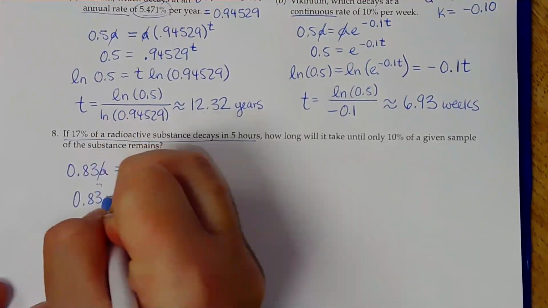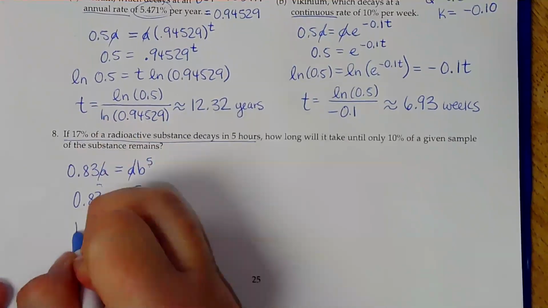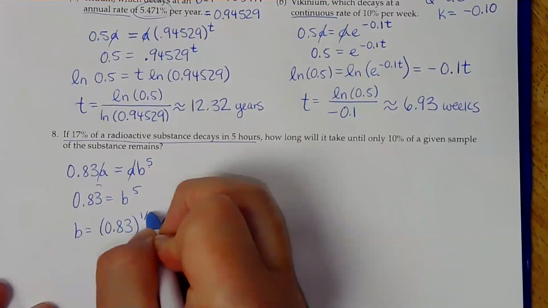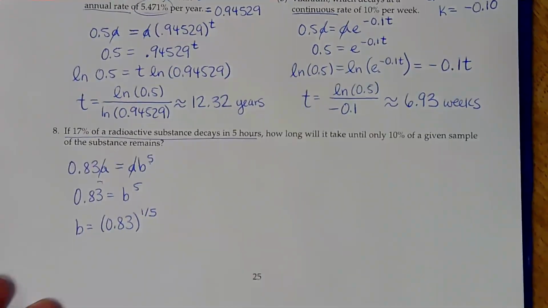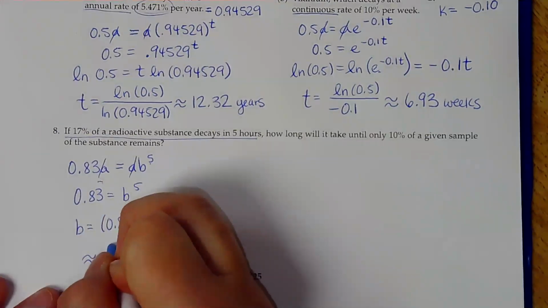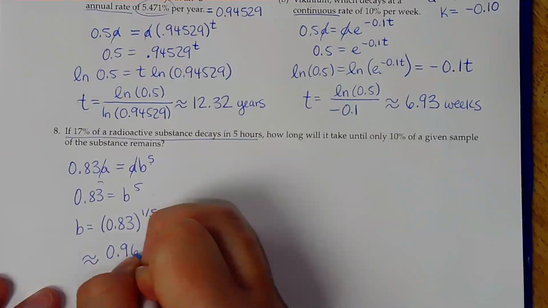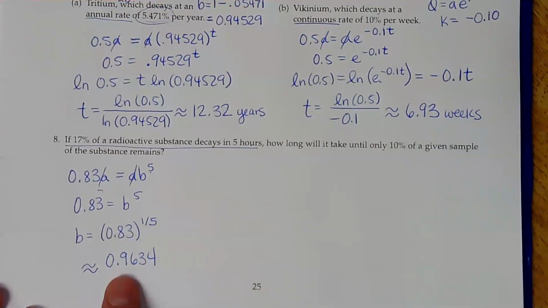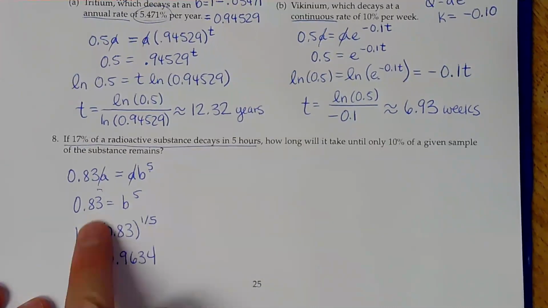So 0.83 is B to the 5th, which means B is 0.83 to the 1/5 power, right? Or the 5th root of 0.83. And if we crunch that in our calculator, we get approximately 0.9634.